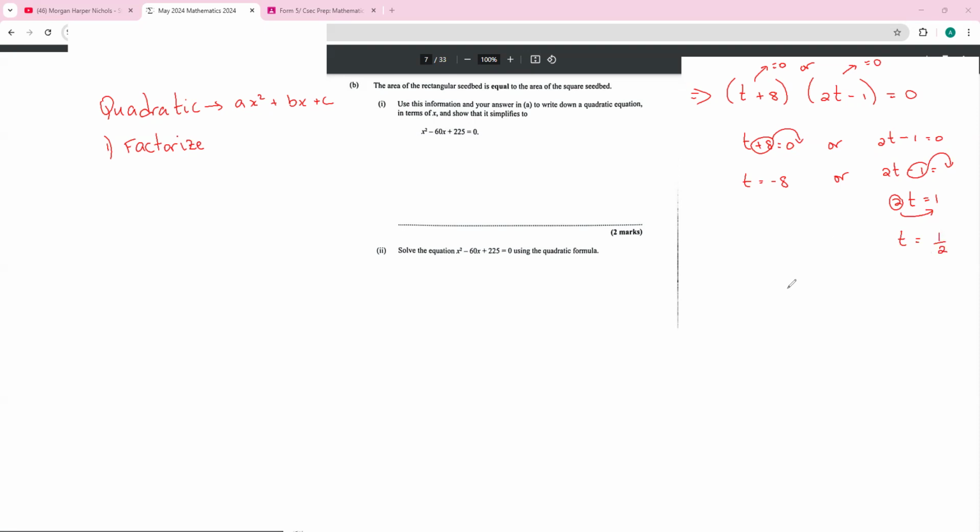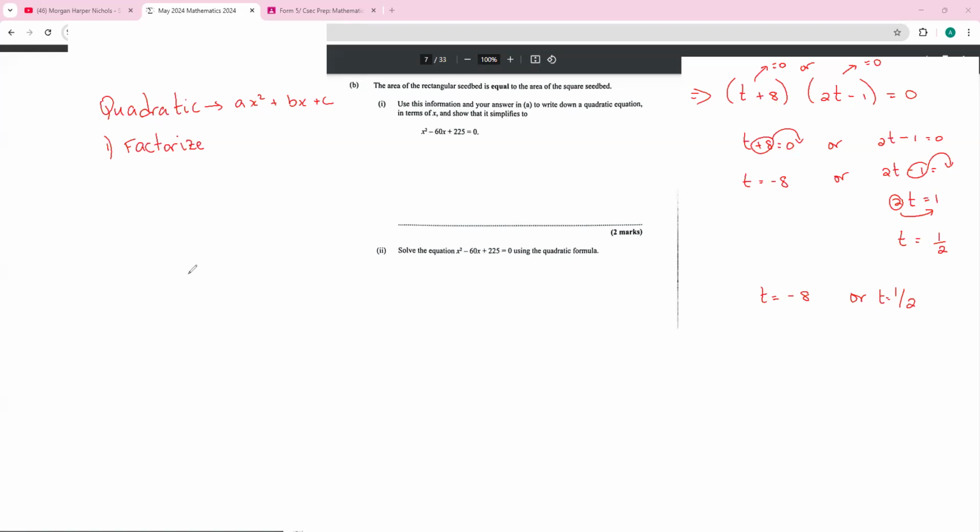So in a quadratic, we have two solutions. In this case, t is either negative 8 or t would be 1/2.